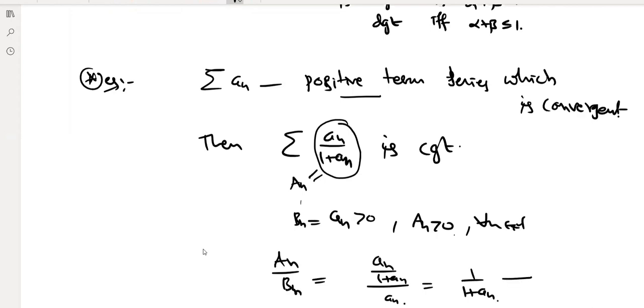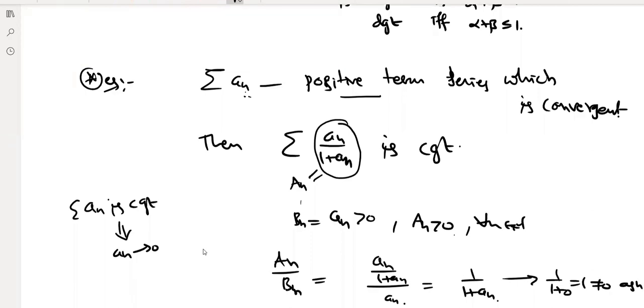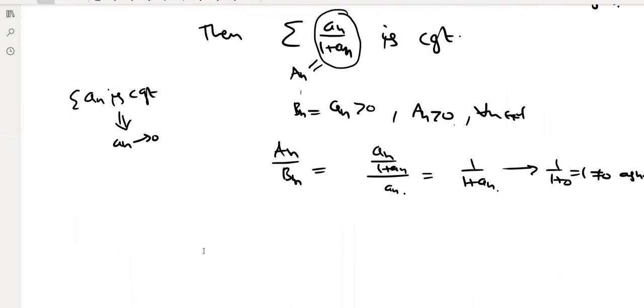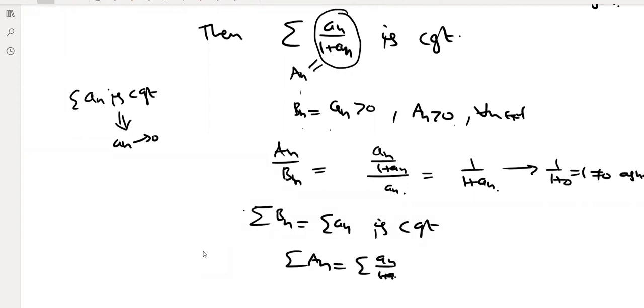As you know, this tends to 1 by 1 plus 0 because this is a convergent series. Once this is a convergent series, the nth term converges to 0 by the nth term test. Therefore, 1 by 1 plus 0 equals 1. This is a non-zero limit. Therefore, capital An and capital Bn will have the same nature. Capital Bn is convergent. What is capital Bn? Your exactly given series. This is a convergent series. Therefore, your An by 1 plus An is convergent by the limit comparison test.